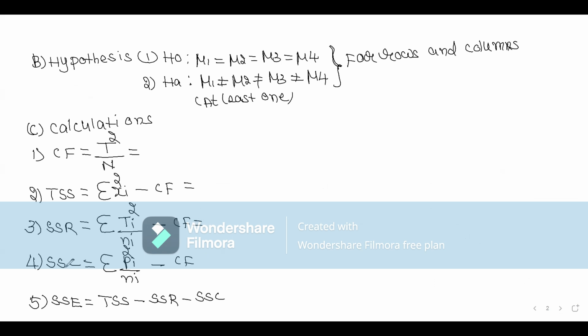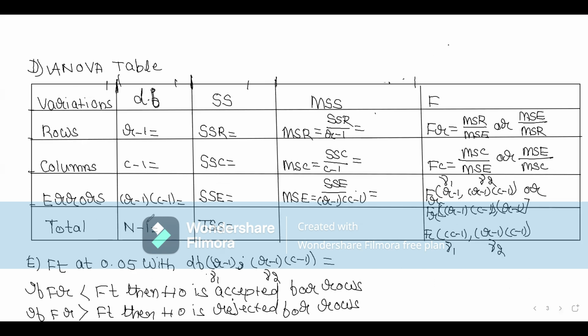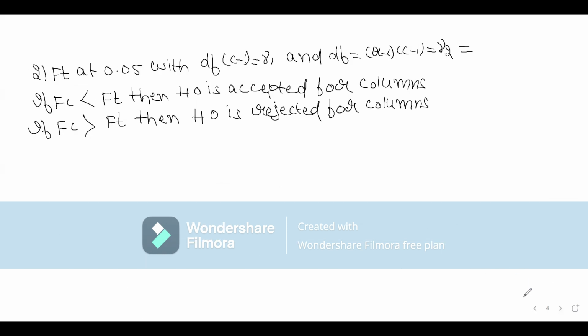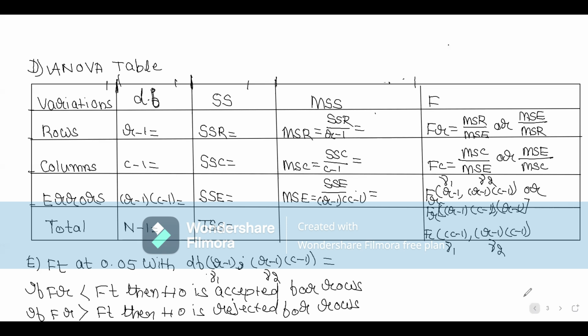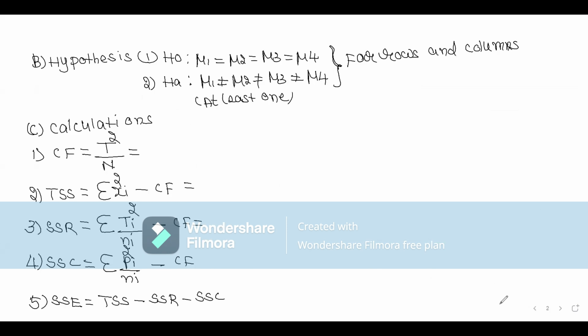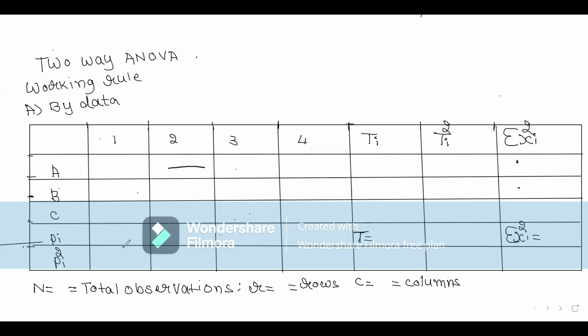You calculate. SSC, summation of Pi square upon Ni. This is also from the table. Look here. Summation of the Pi square, this value, look here.